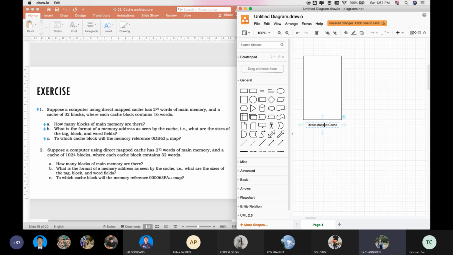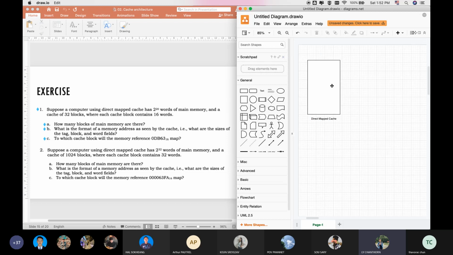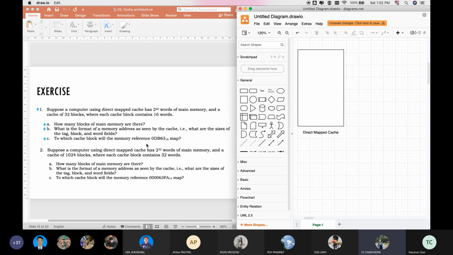So that's why I need to mention the name of the cache. And with this cache, the size is... do we have the size of the cache here? The 2 power 20 here is the size of main memory, not the size of the cache. Using the direct map cache has 2 power 20 words of main memory.